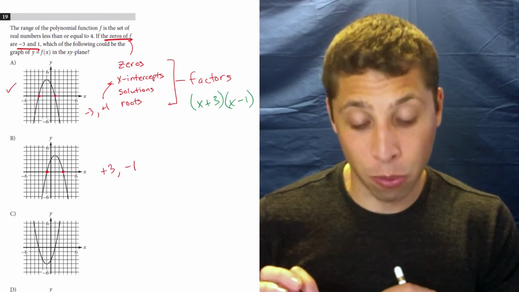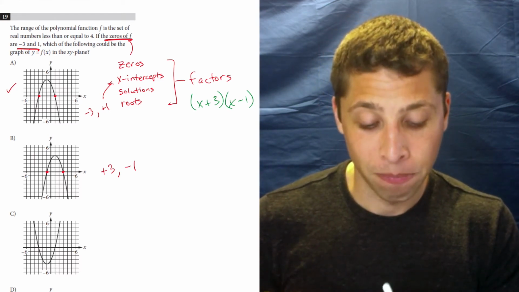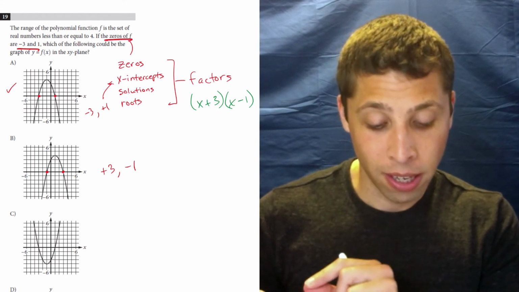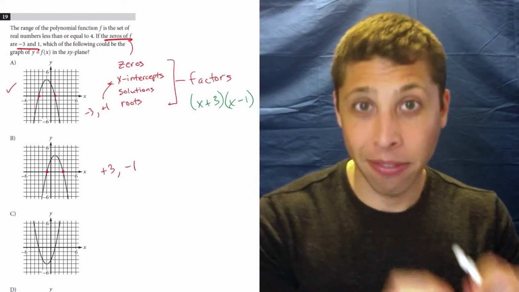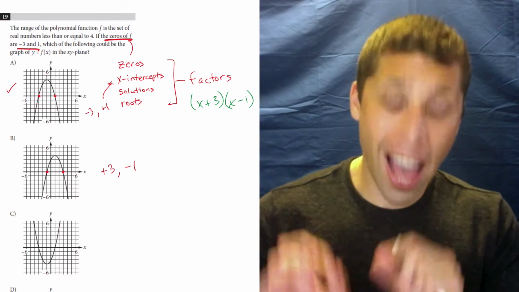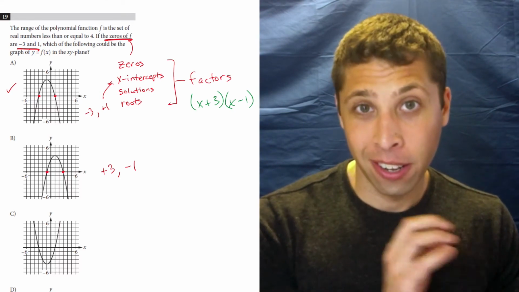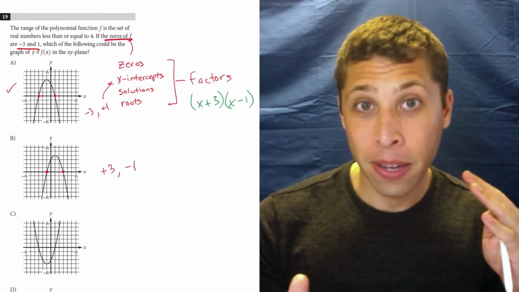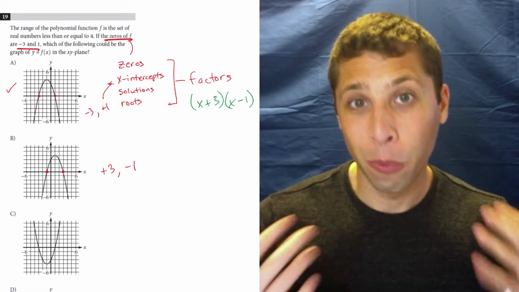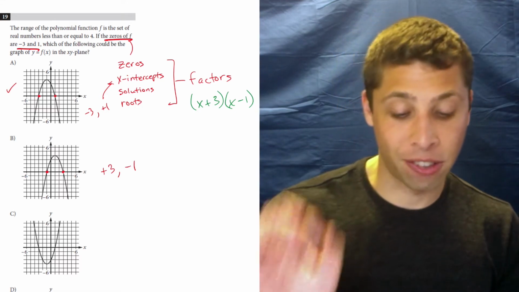And I'll do it again with the ones just to make it doubly clear. +1 is a 0 of f. Therefore, x minus 1 would be a factor of f, right? So there's a flip, but we need to pay attention to what they're asking for, or what they're giving us. In this case, they're giving us the zeros.